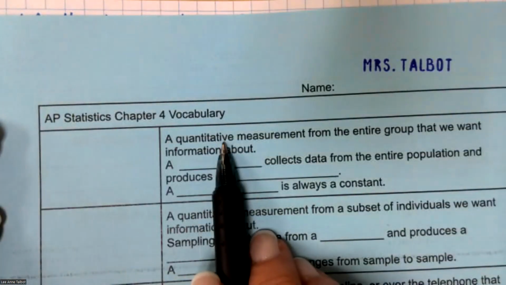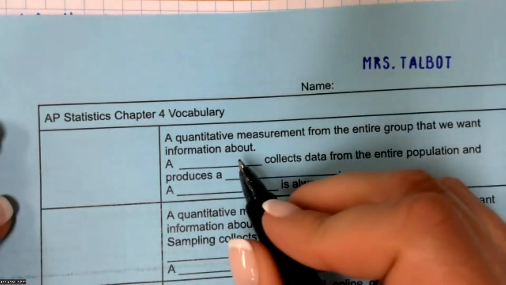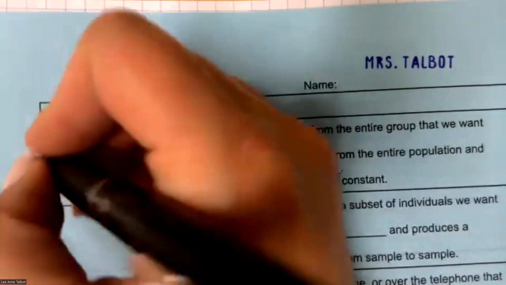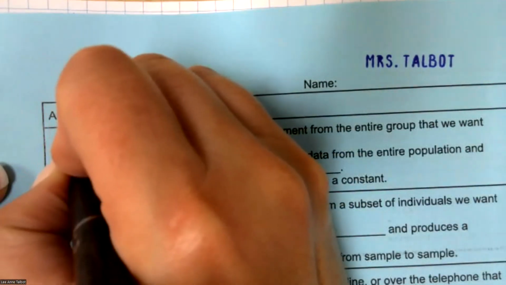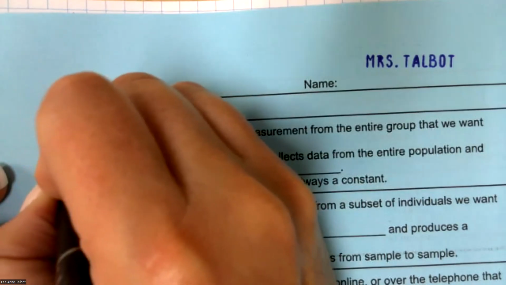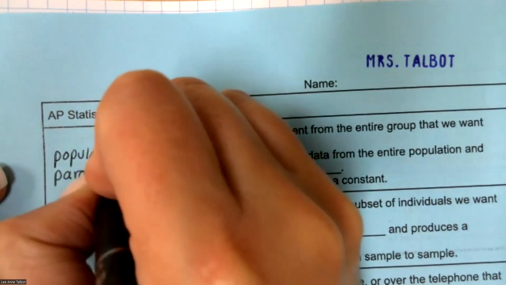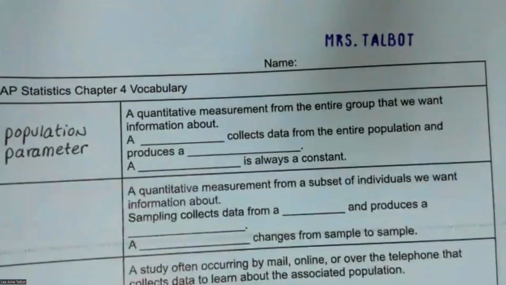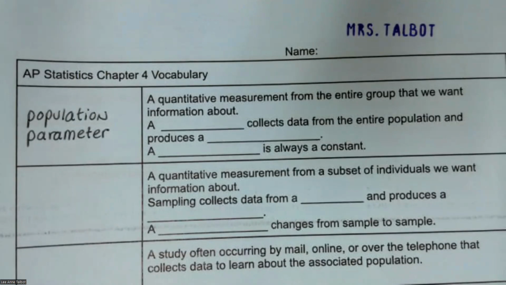A quantitative measurement from the entire group that we want information about. This is called a population parameter. In this chapter, at the end of it, I highly suggest that you guys make flashcards.